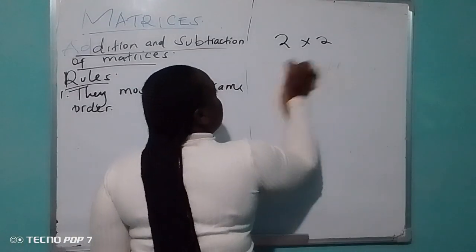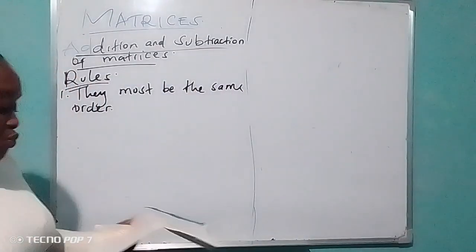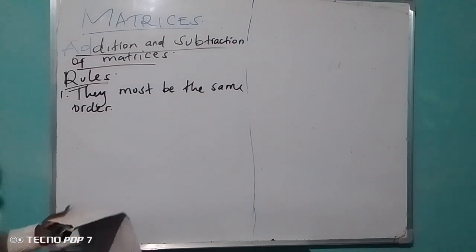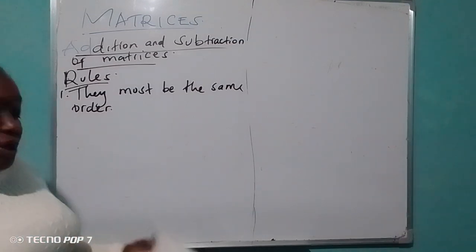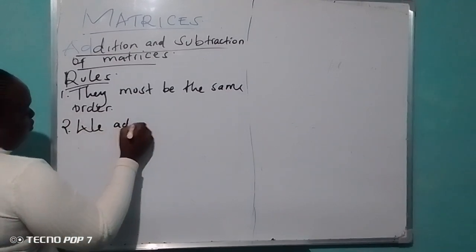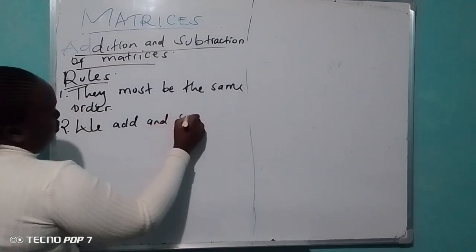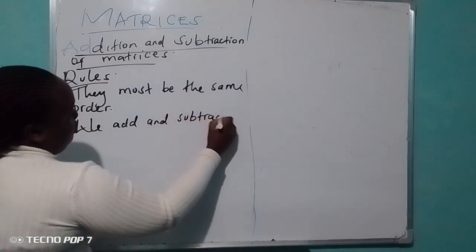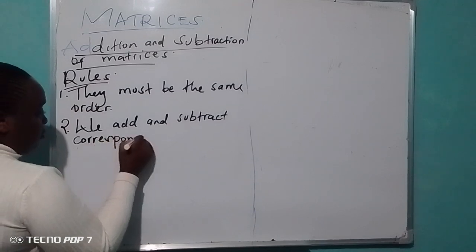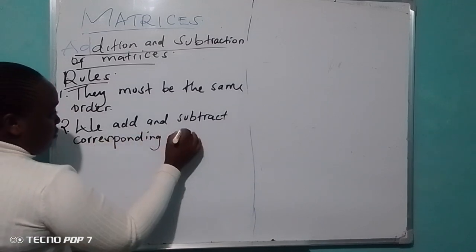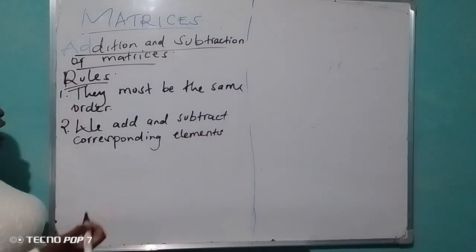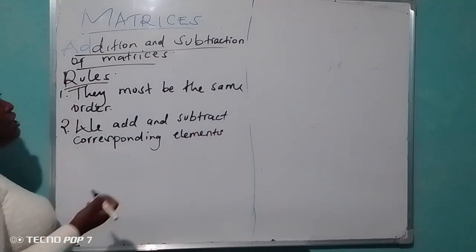Then rule number 2, we add and subtract corresponding elements.